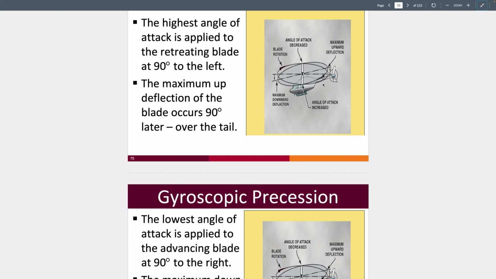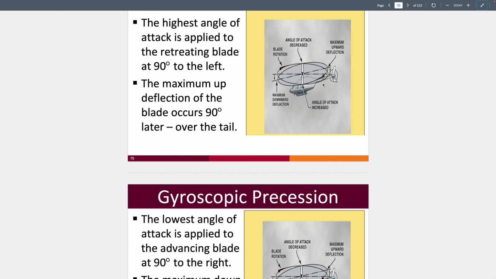Because if a pilot intended to go forward and was trying to produce maximum angle of attack at the rear of the helicopter, if the helicopter blades were rotating counterclockwise, what would eventually happen is that the helicopter would end up going to the left, because the maximum lift, instead of being produced at the 6 o'clock position, would be produced at the 3 o'clock position, which would cause the helicopter to roll to the left.